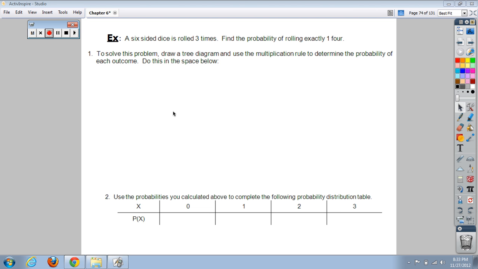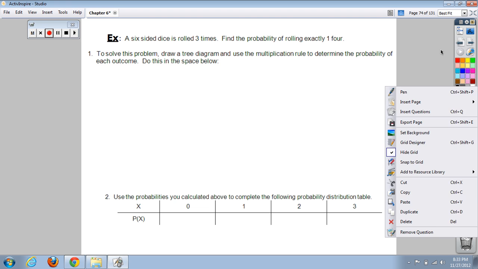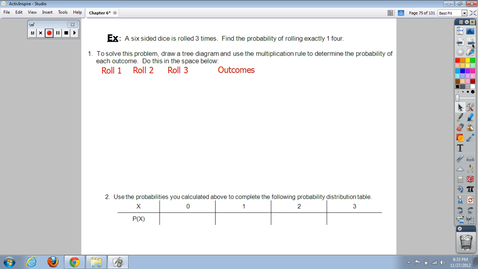And what we're going to consider a success is a 4, and a failure is going to be rolling not a 4. Okay? Now, we can't say a 1, 2, 3, 5, or 6 because those are 5 things. And for a binomial distribution, we can only have 2 outcomes. So we're going to make our success rolling a 4.